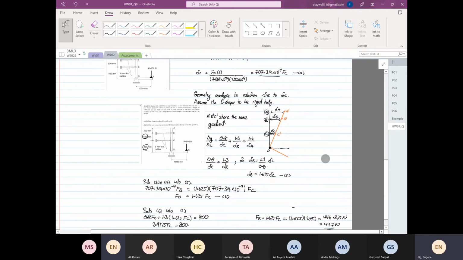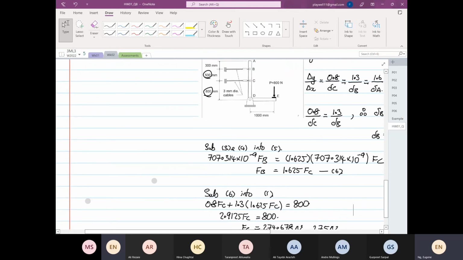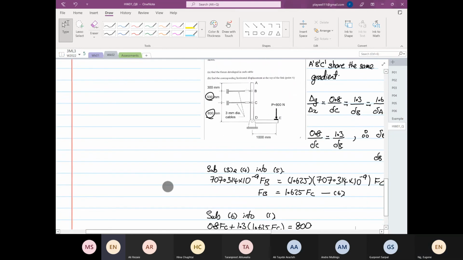Okay, and then the last one. Yeah, I hope to squeeze everything into a page. So we are going to find the deflection or position, or they ask us to find the what?